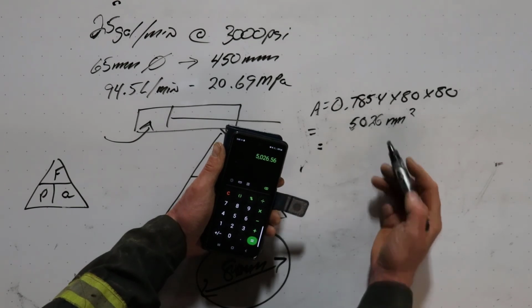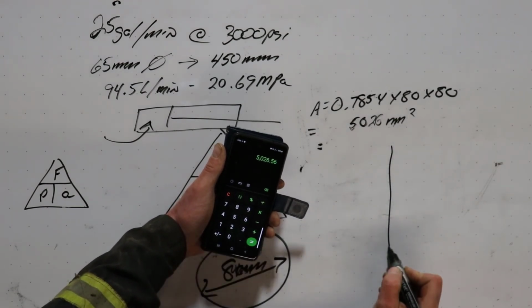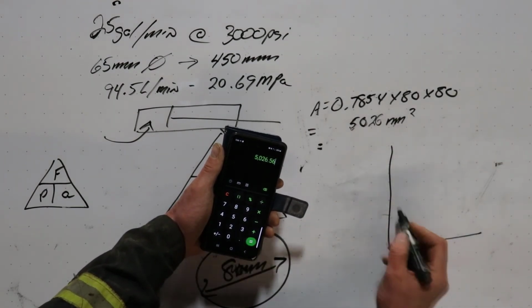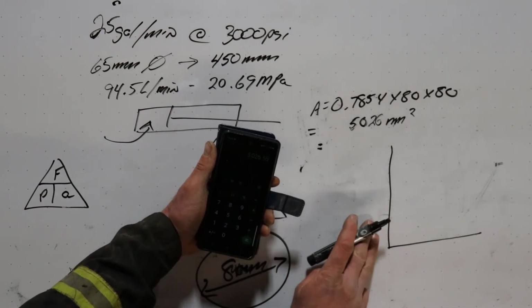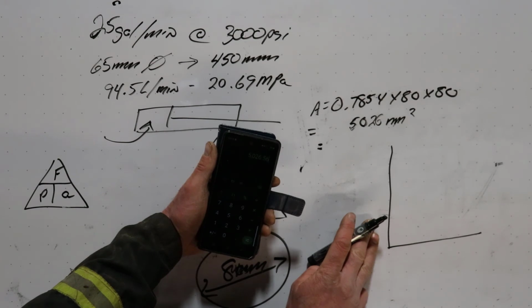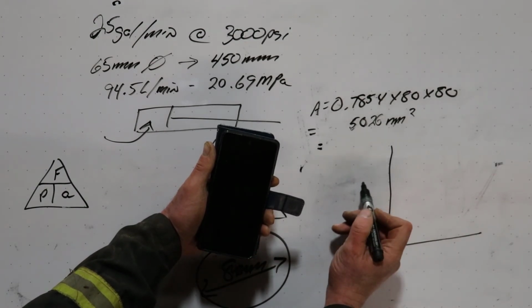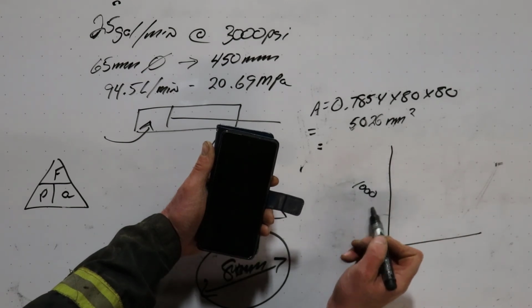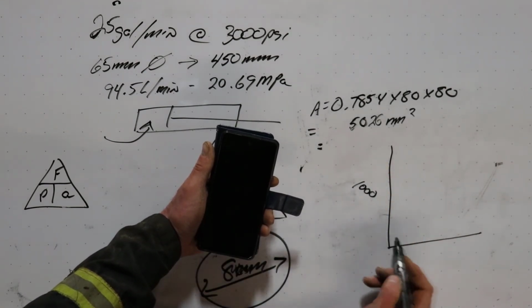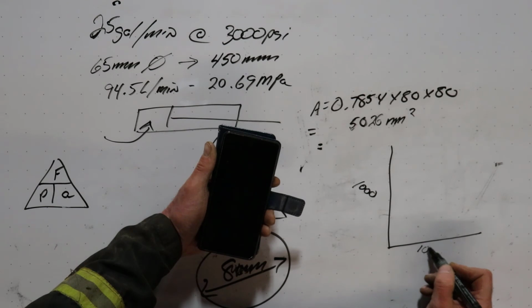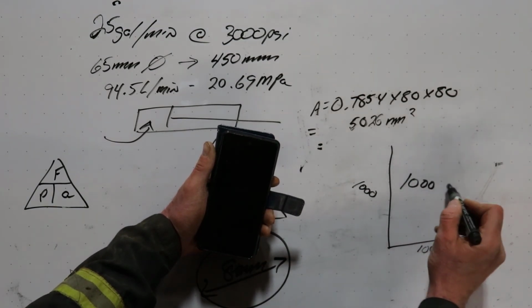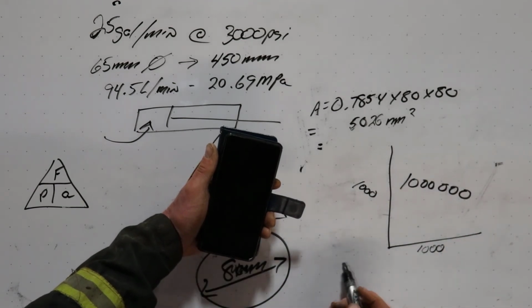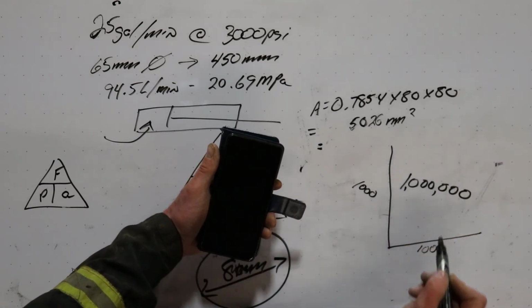How do I convert that into meters? Super easy. I just need to know how many millimeters are in a meter. There's 100 centimeters in a meter. There are 10 millimeters in every centimeter. So that means there are 1,000 millimeters in 1 meter. So it's 1,000 times 1,000. So that is 1 million.